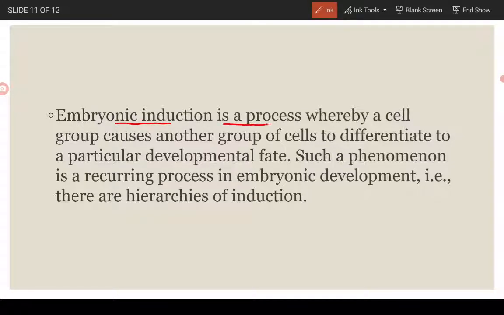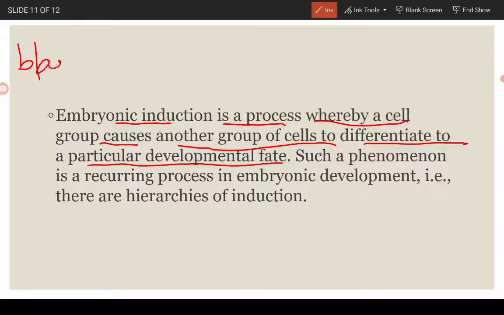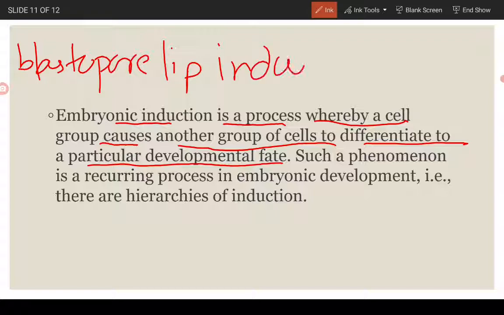Now, embryonic induction is a process whereby a cell group causes another group of cells to differentiate to a particular developmental fate, right? That's what we saw earlier. That's what we saw in this experiment, that the dorsal blastopore lip induces other cells to form the neural plate.